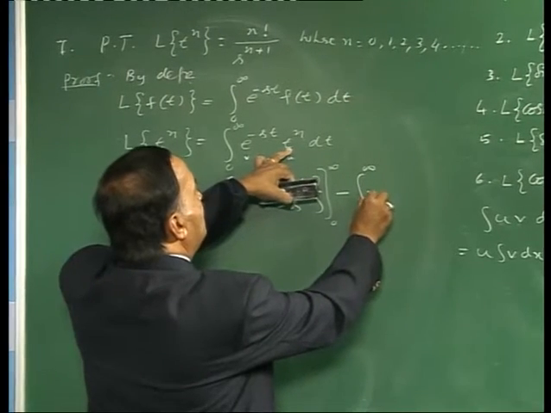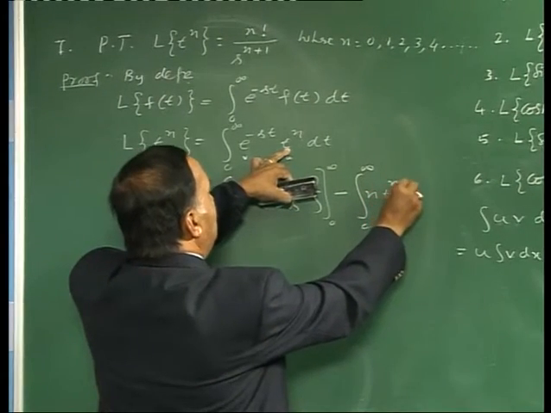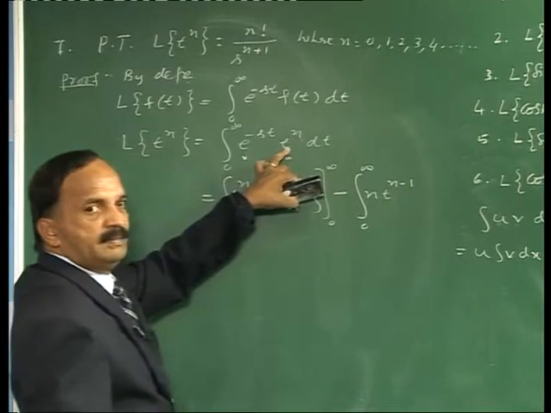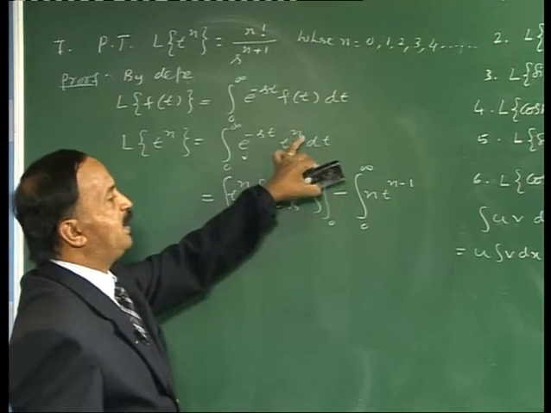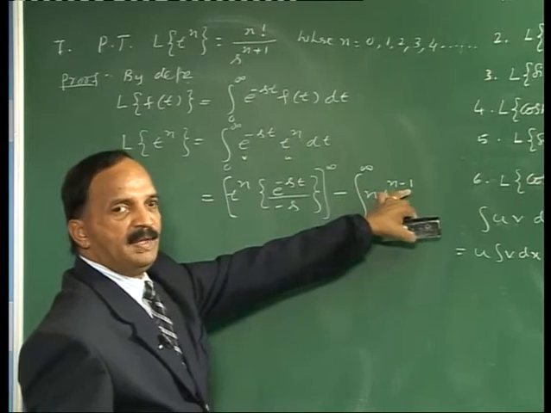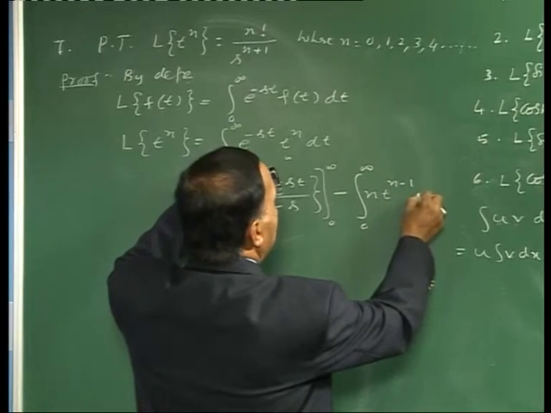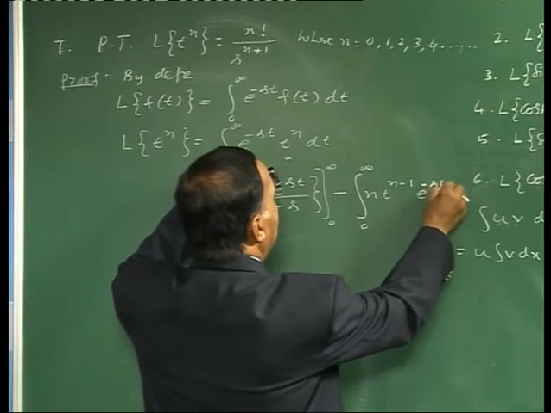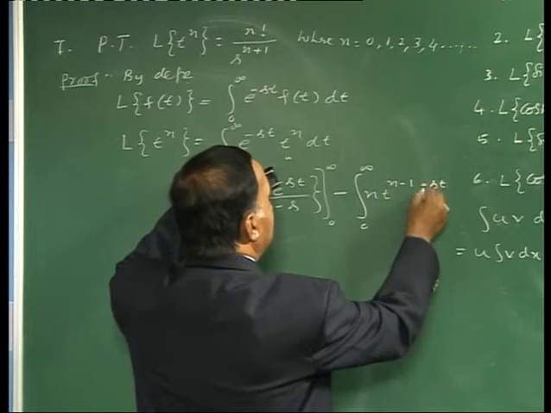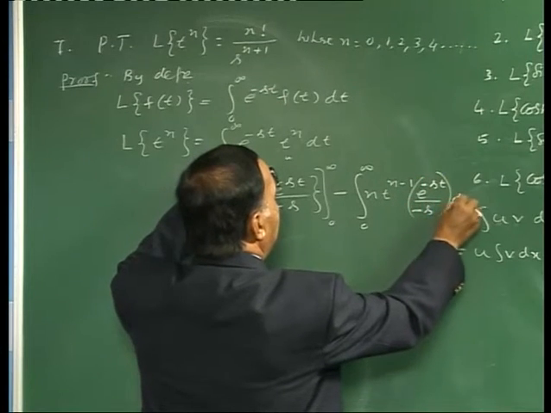Derivative of t to the power of n is n into t to the power of n minus 1, into the integral of e to the power of minus st, which is e to the power of minus st divided by minus s, into dt.